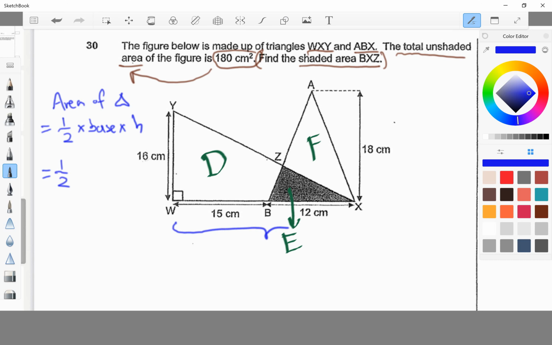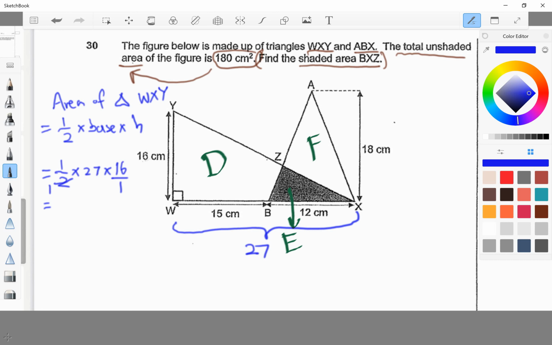So if I'm trying to find the area of triangle WXY, it has to be half times 27 times 16. And it'll be very useful for us to use the cancellation method. So I'll cancel 2 with 16.